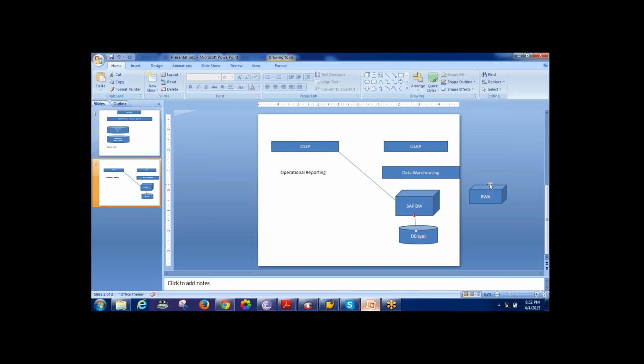So before BWA came into the system, if a report was to run, what used to happen? The report would first talk to the application layer, that is SAP BW. From the application layer, it would go down, get the data, come back, and show it to the report. The time taken to read information from the database layer, where does the database layer store data?